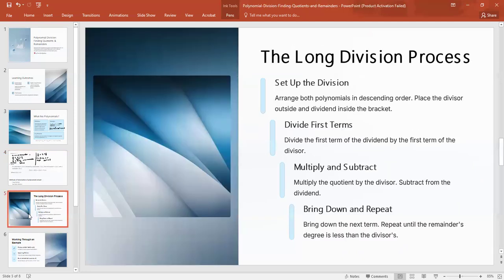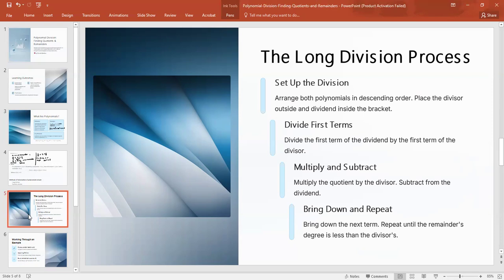So what's the long division process? You are encouraged to start off by setting up the division properly. You have to arrange both polynomials in descending order. You place the divisor outside the long division sign, while the dividend, you place it inside the long division sign.